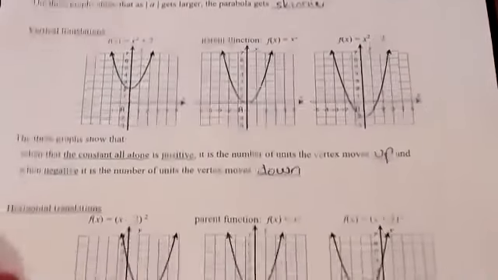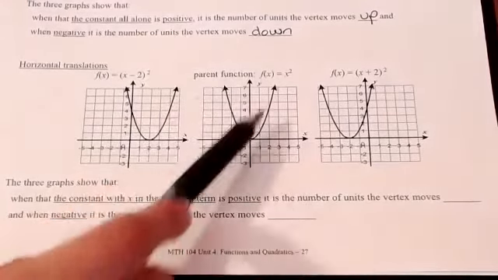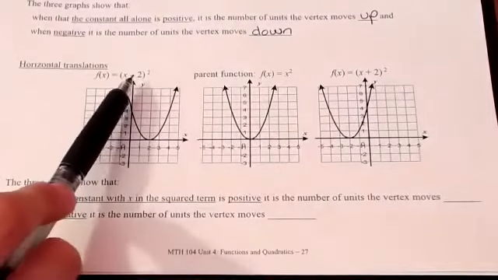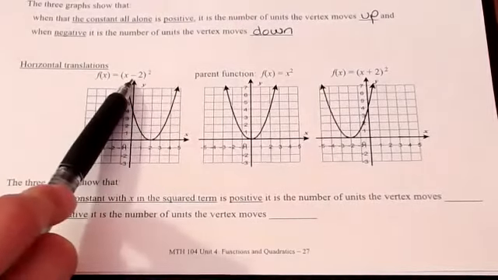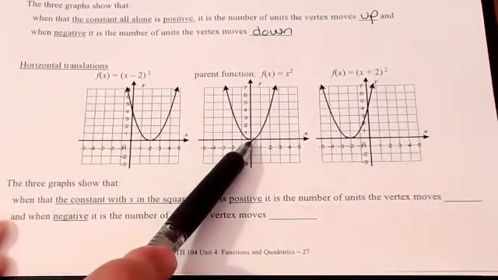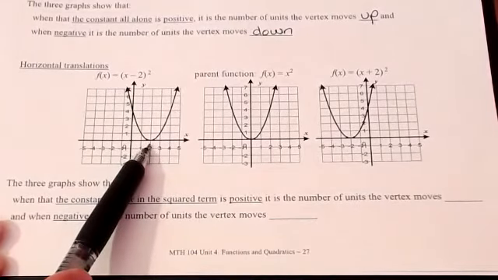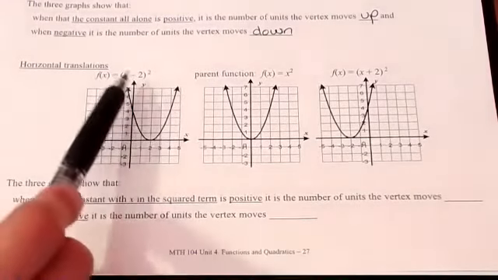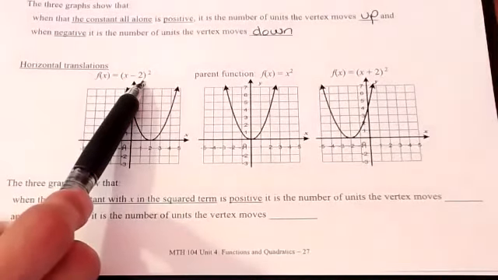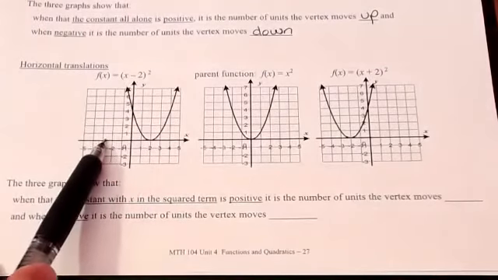And now, in terms of your horizontal translation, that's what's happening inside the parentheses with the x. Here's my original. If I subtract 2 from x inside the parentheses, look at where it went. It started from the center, but then moved 2 units right, which is kind of crazy, right? Because doesn't this say x minus 2? And you're thinking, wait a second, maybe we should move it 2 units to the left.